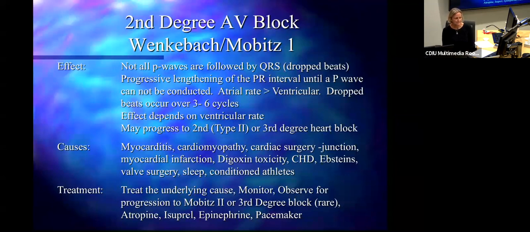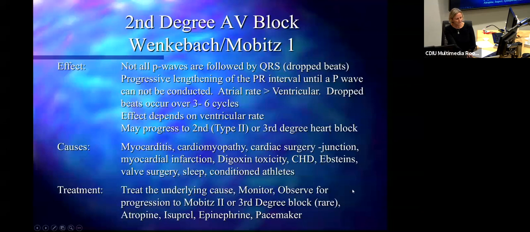Digitalis toxicity, congenital heart defects, the ones we've listed, Ebstein, any kind of valve surgery, and then sleep or conditioned athletes. So treat the underlying cause, monitor and observe for progression of the block.